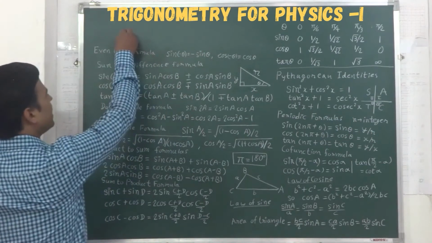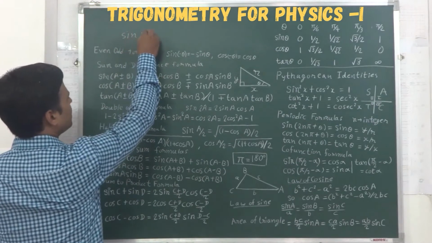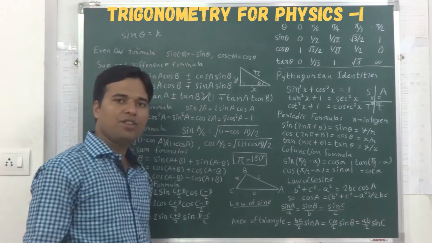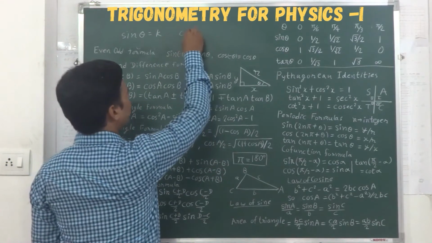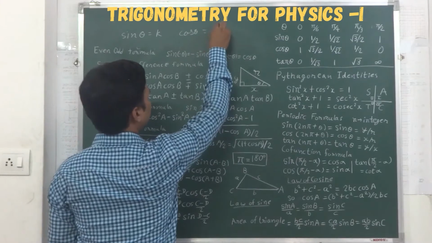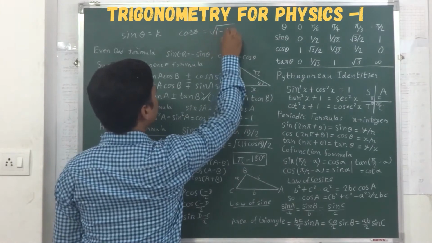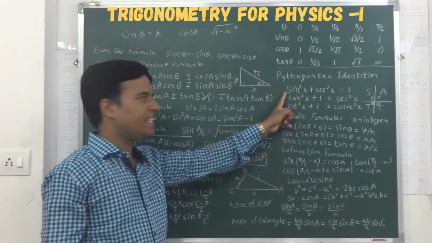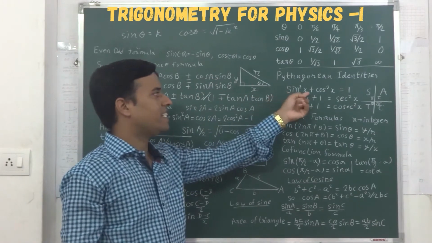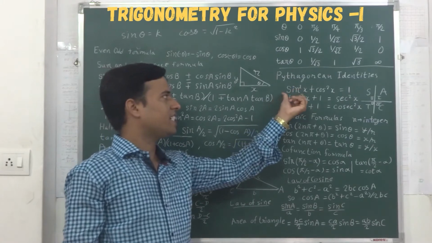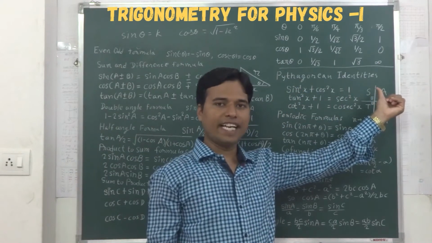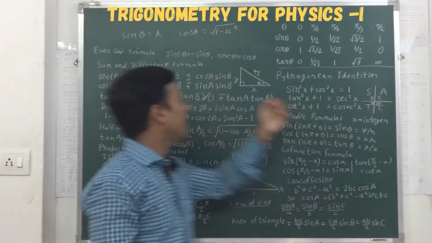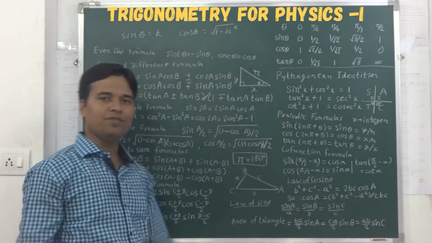If you know in a given problem the sin theta value is equal to k, you can get the cos theta value using the function square root of 1 minus k square. We have used this first identity as sin square x is equal to k square, and k square goes to that side with negative sign, then cos square x is equal to 1 minus k square, and you can get that value.